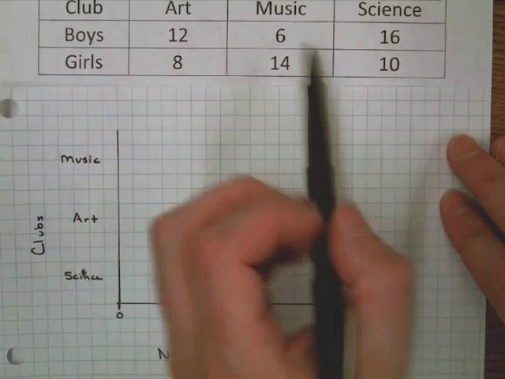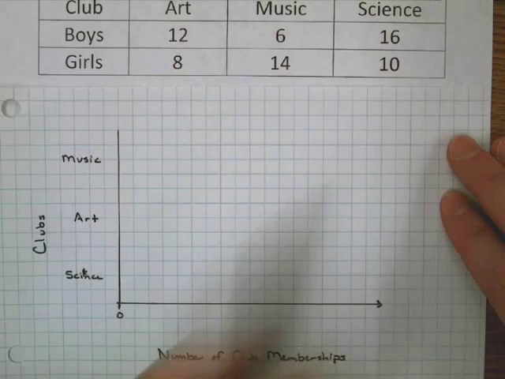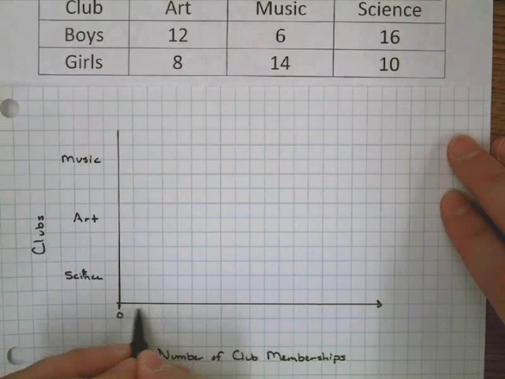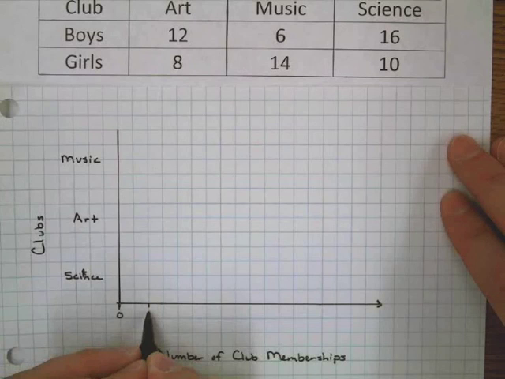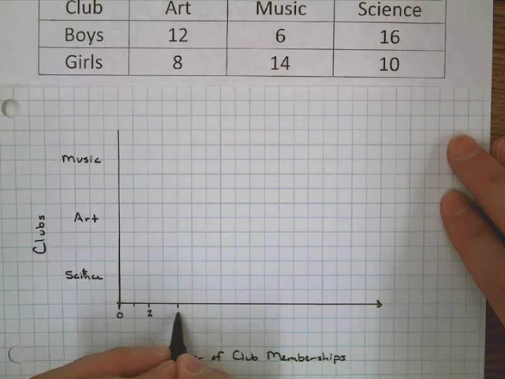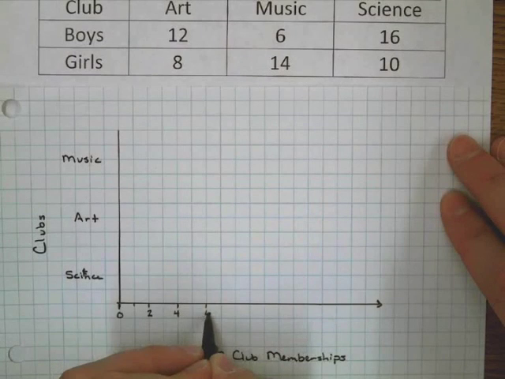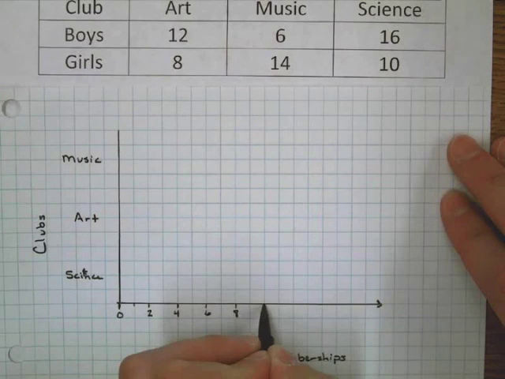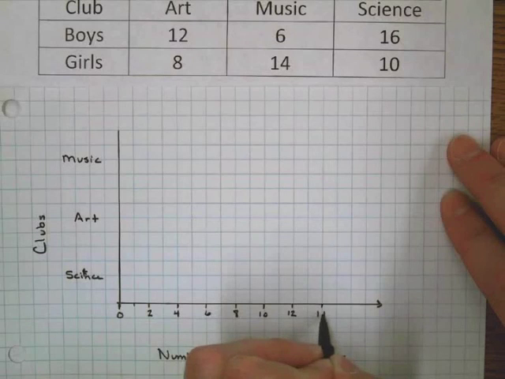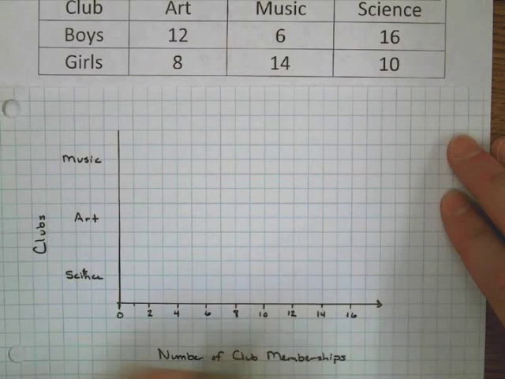Well, my highest data point is 16. That gives me quite a bit of room here. So I think I'm going to make every one of these bars 1. So that means 2, 4, 6, 8, 10, 12, 14, and 16.